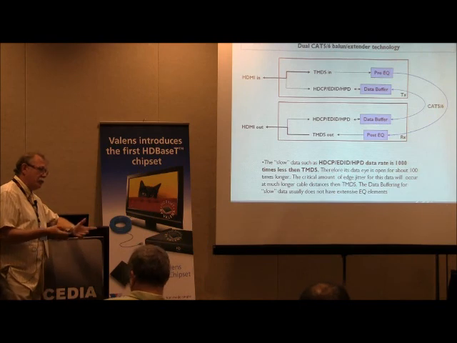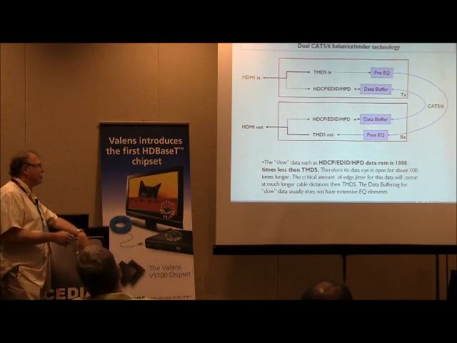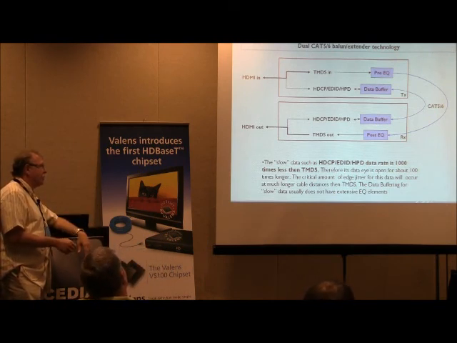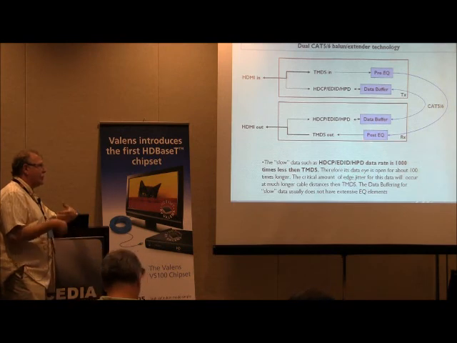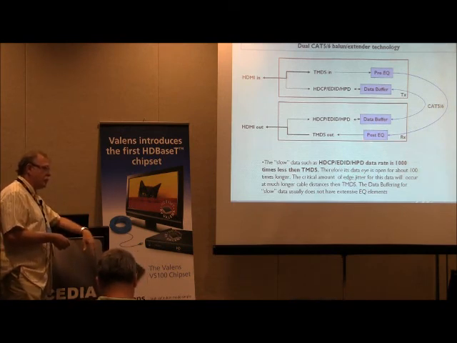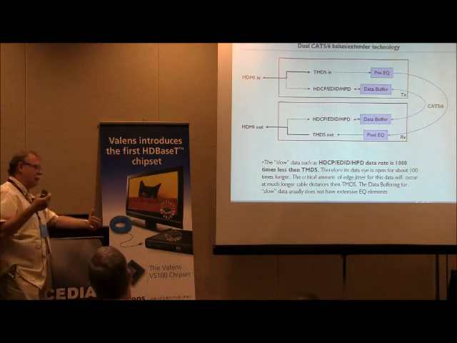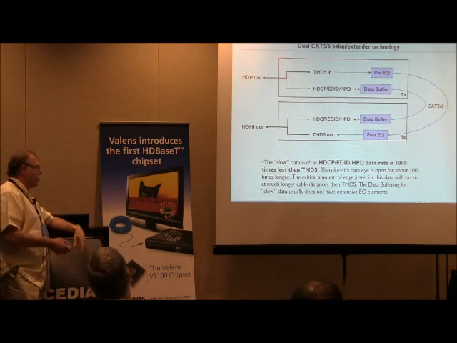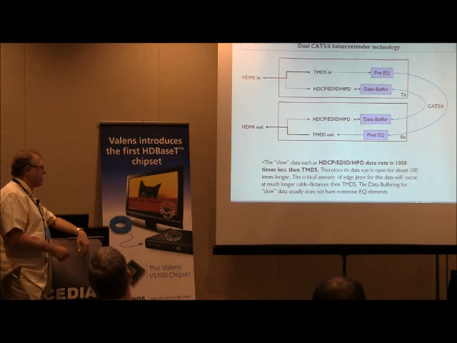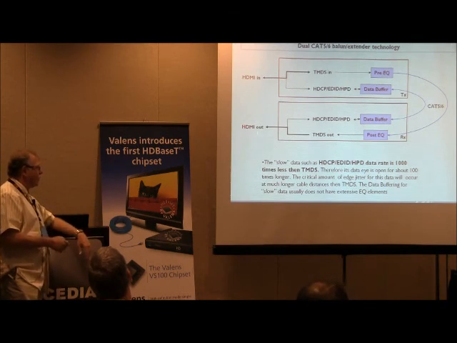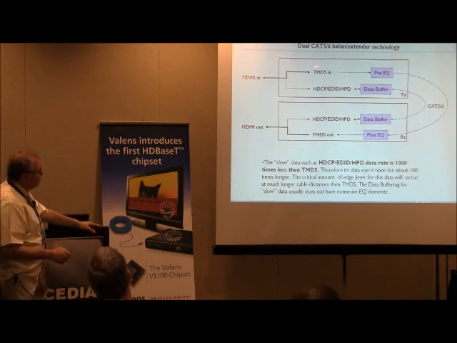It's not changed much, only a little conditioned for the cable itself. On the other end of the cable, a post EQ is used, a powerful EQ circuit that actually reopens the eye so the data is registered as more or less clean data for the HDMI output. So this is one portion of the data.